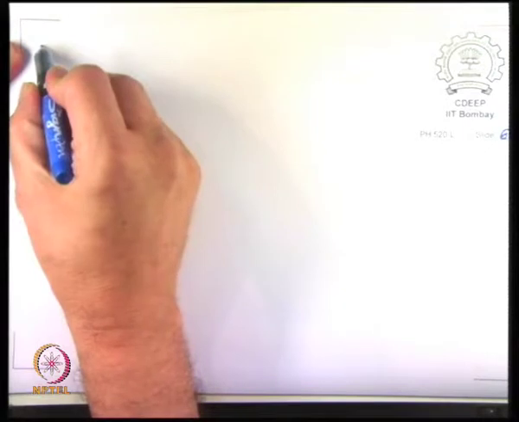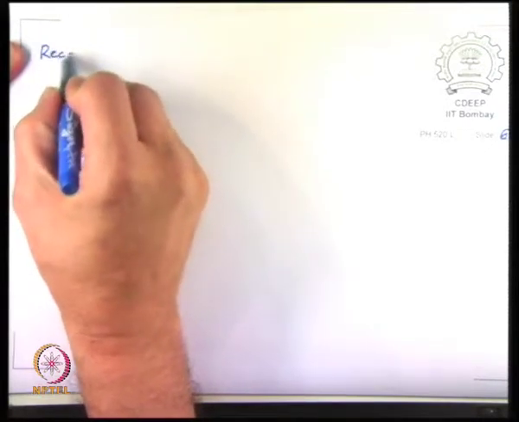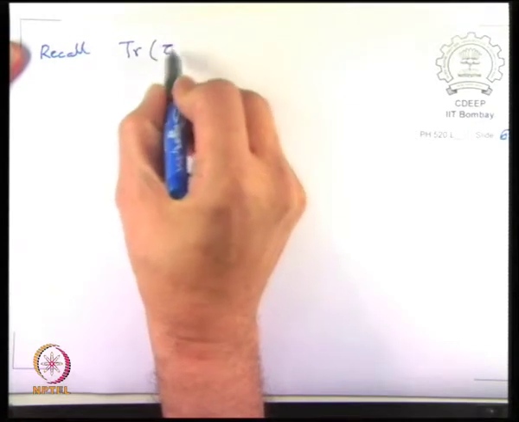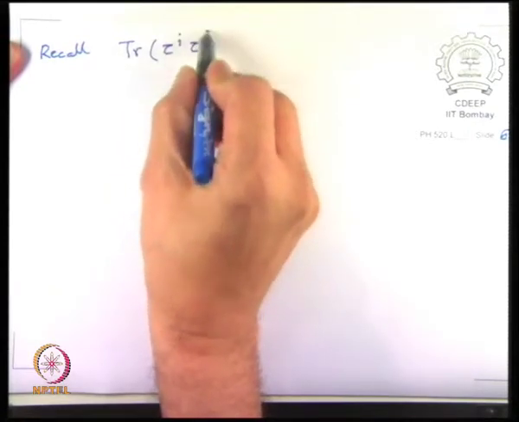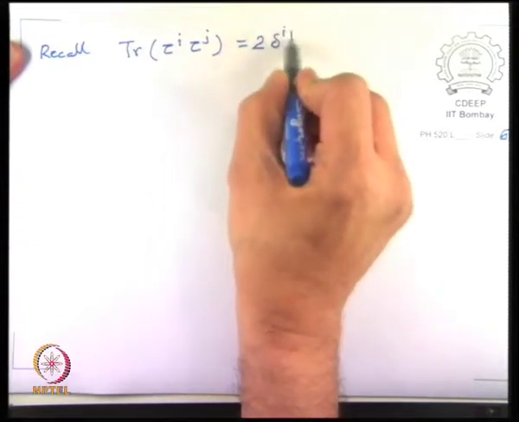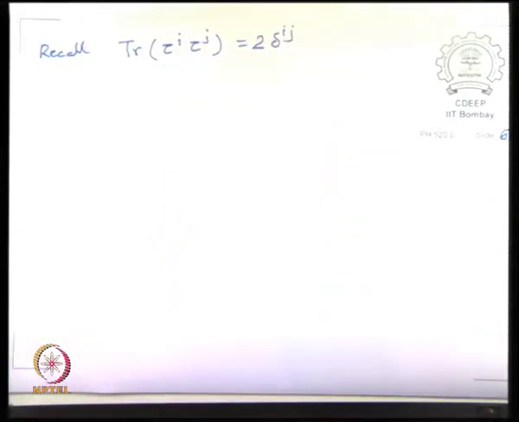Remember that trace of tau i tau j was equal to 2 times delta ij, right, because the tau matrices themselves, the Pauli matrices, are traceless, and if you take a product, they satisfy tau i tau j equal to epsilon ijk times tau k.